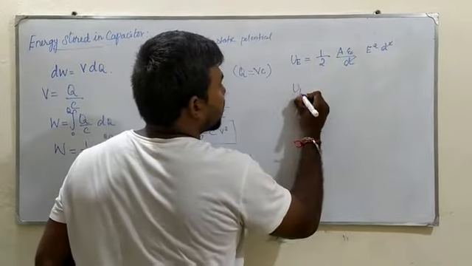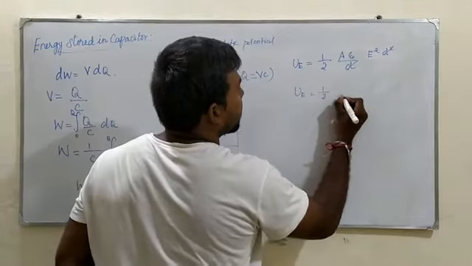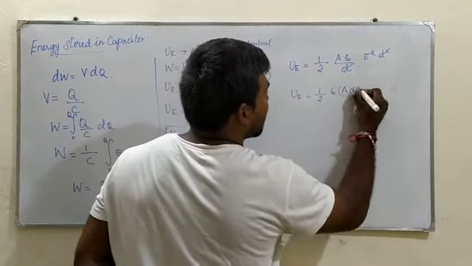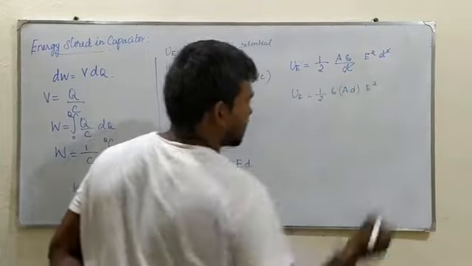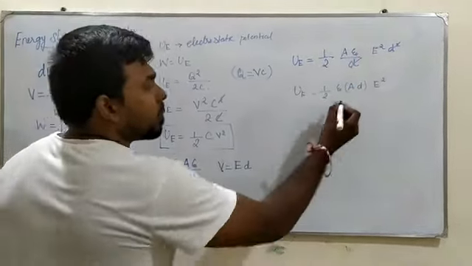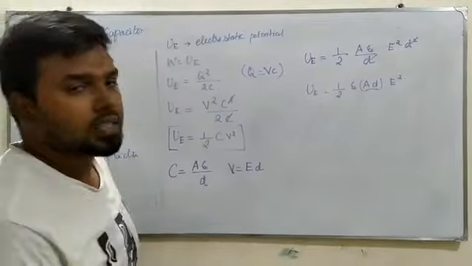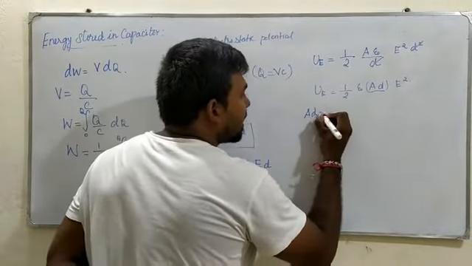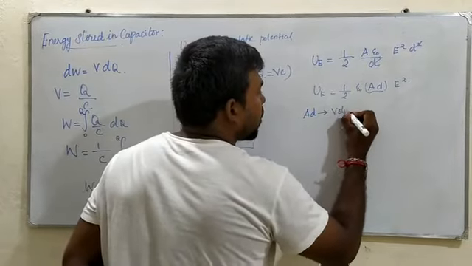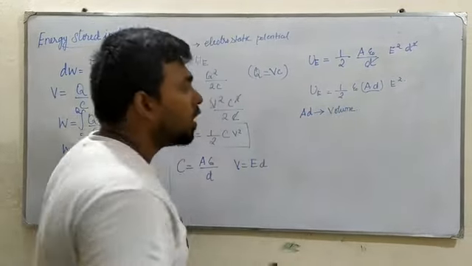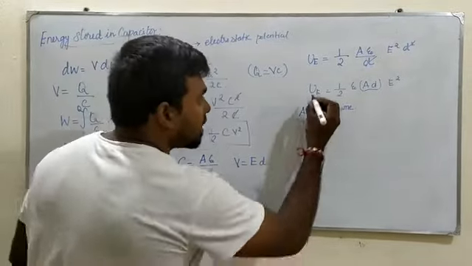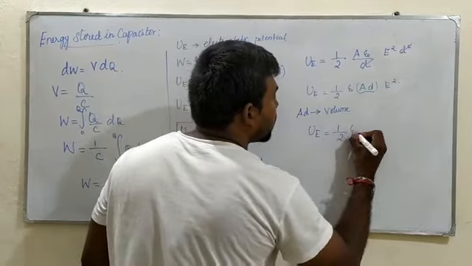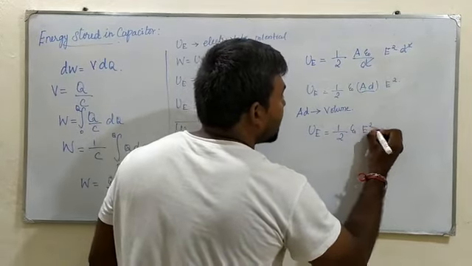So finally we get UE is equal to 1 by 2 epsilon naught A d into E square. In this, A represents area and d represents the distance between the two plates. So this A and d is nothing but the volume between the two plates.